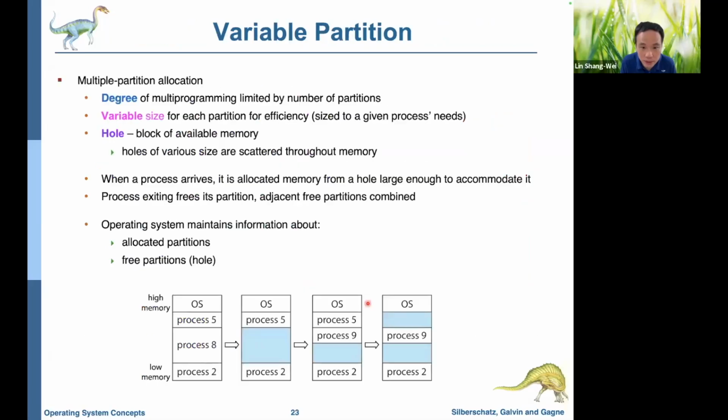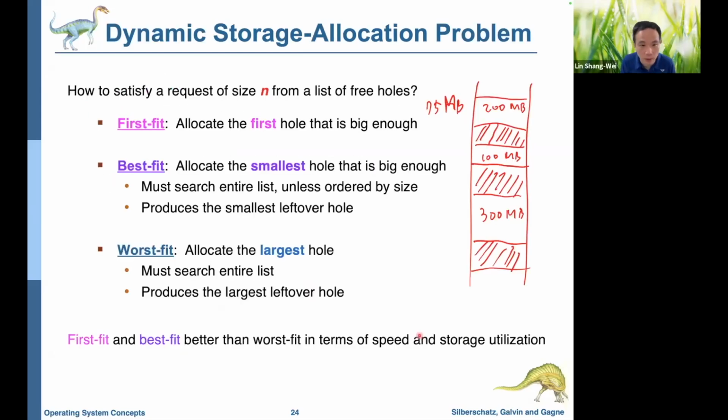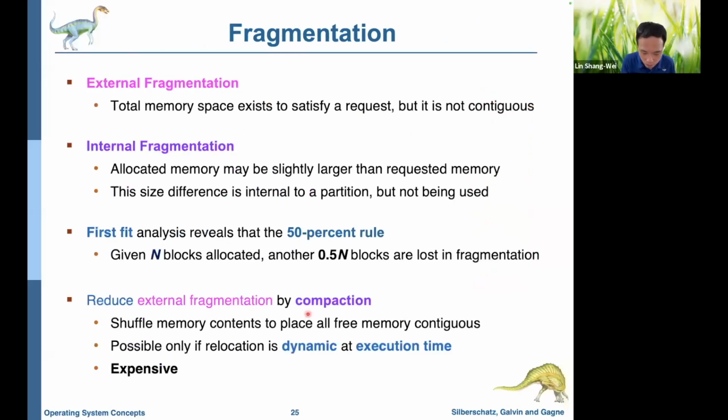For example, let's say a bigger process is coming in. It requires the summation of these blue parts, but they are not contiguous, so you cannot allocate it to this process. You need to move this part to here so that the blue part will be contiguous, and then you can allocate it to the process. So this is why we need compaction for contiguous allocation.